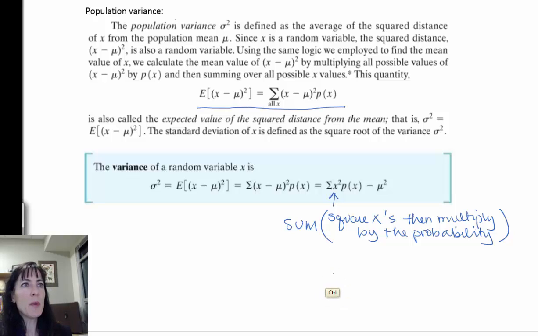And so it's a little bit of a process, but it's not super complicated. Minus the mean squared. And we can do it really quickly with a table.